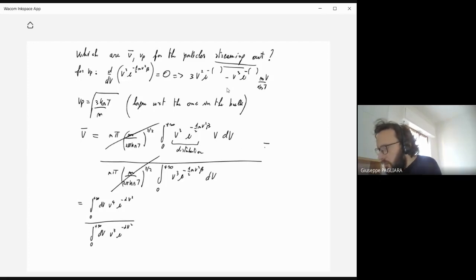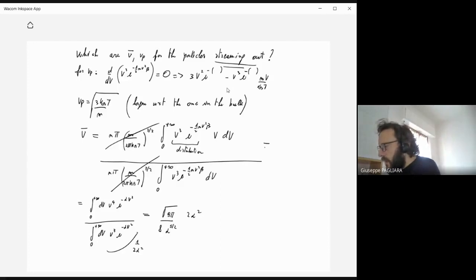Now you can show, for instance, by using Mathematica, that the denominator we said already is 1 over 2 alpha squared, whereas the other integral is a square root of 9 pi divided by 8, and then alpha to the power of 5/2 times these 2 alpha squared.